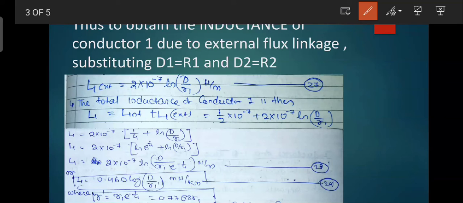So here inductance L1 is equal to 2 into 10 to the power minus 7 ln of this divided by this.